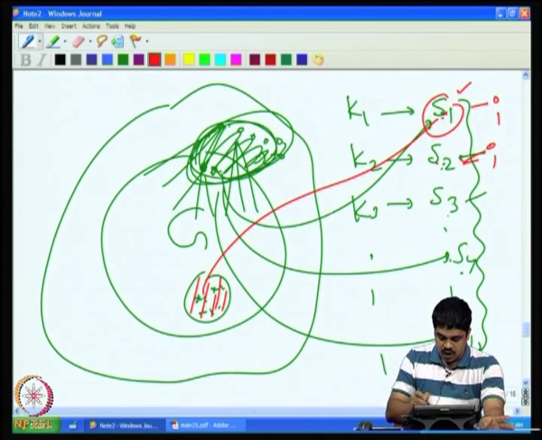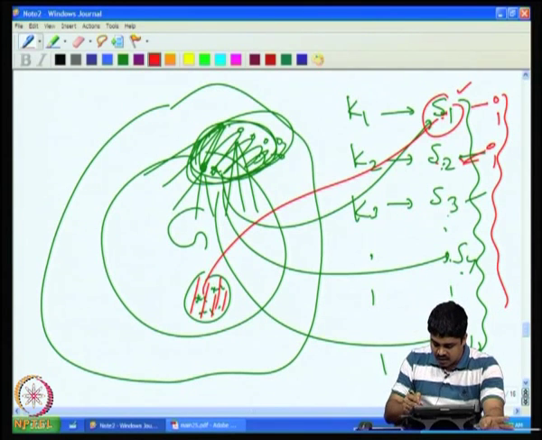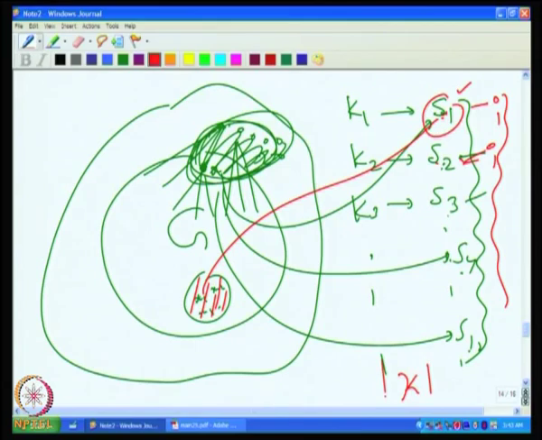So, the entire sum is contributed by S1 either 0 or 1, maximum 1. So, the maximum contribution can be the total number of these things, that means if k is the total collection of cliques, it can be k.